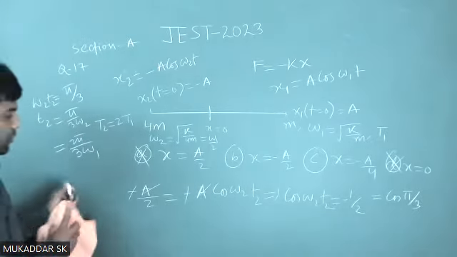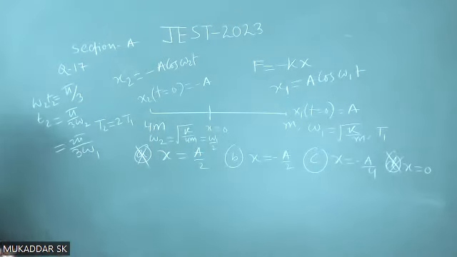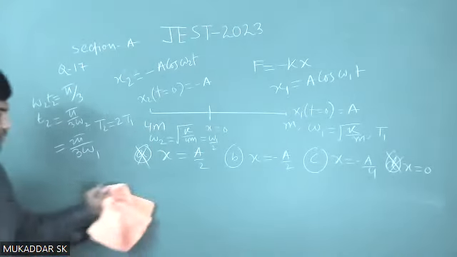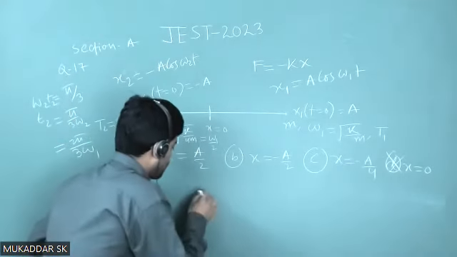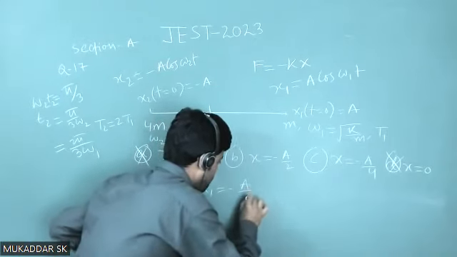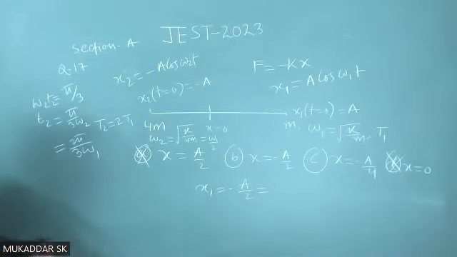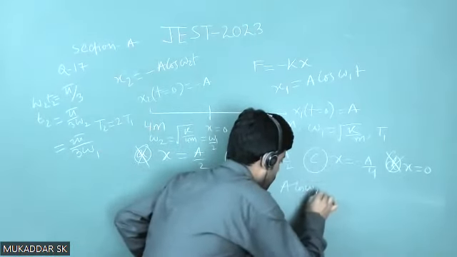Again, if you check the time required to reach x equals minus a by 2 for the m mass, then you have x1 equals minus a by 2, and I can compare that with a cosine of omega 1 t.